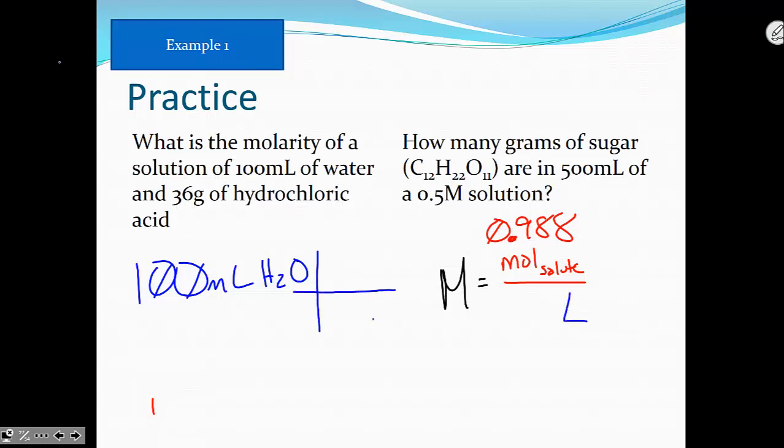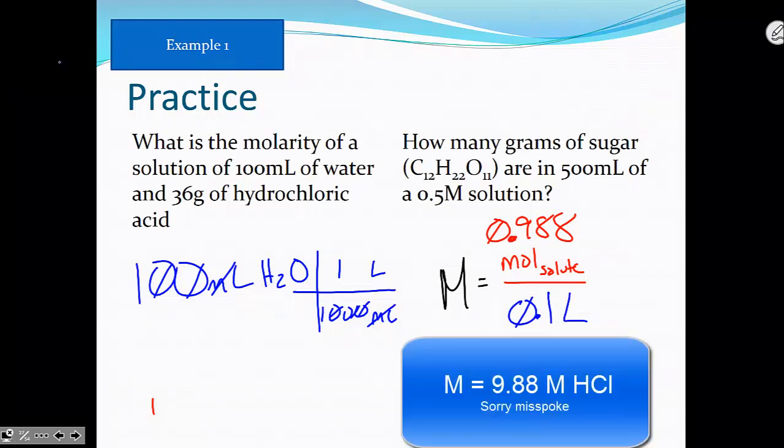We need to convert from milliliters to liters. For every 1 liter, there are 1,000 milliliters. So milliliters cancel out. We have 0.1 liters of solution. So our molarity comes out to be 9.98 molar hydrochloric acid.